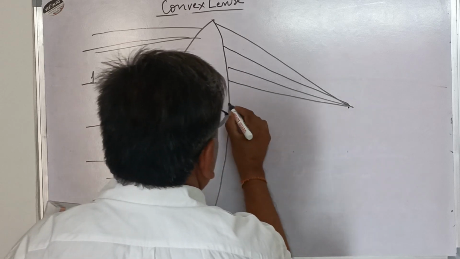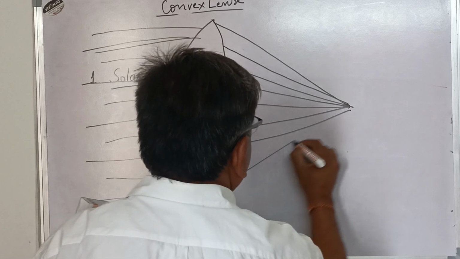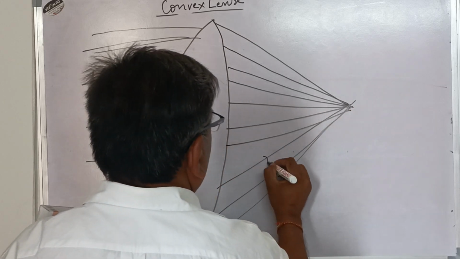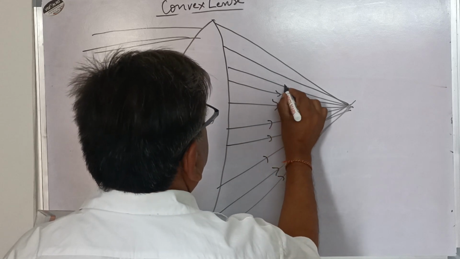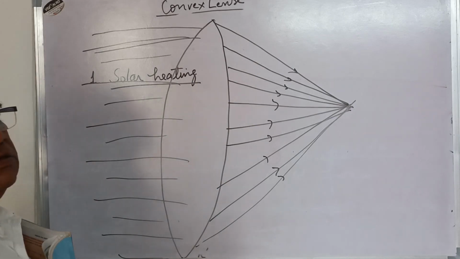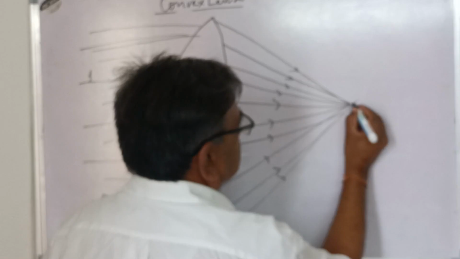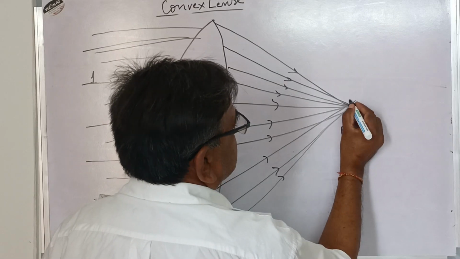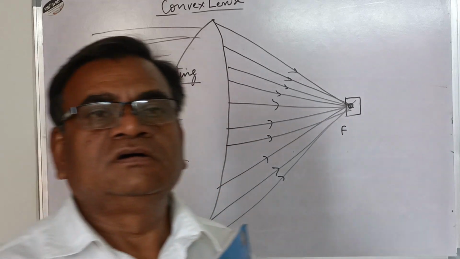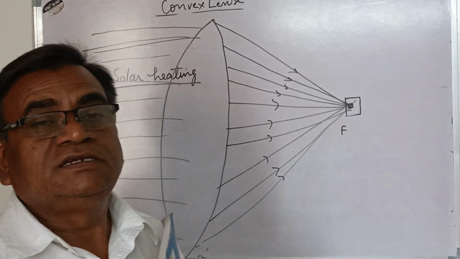Thousands, crores, trillions of rays. This solar energy, the heat of the sun rays, because innumerable rays come, and this is called the boiler. If you put a wooden flank at this point, it will catch fire in 20 seconds.